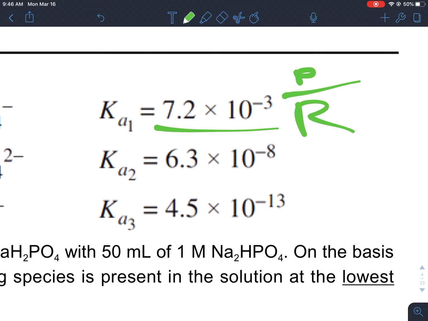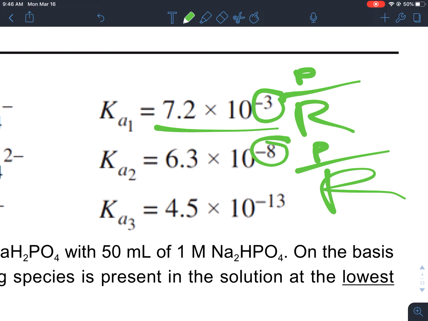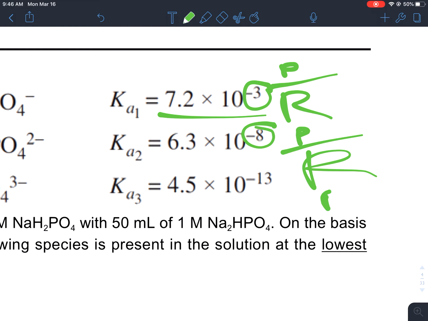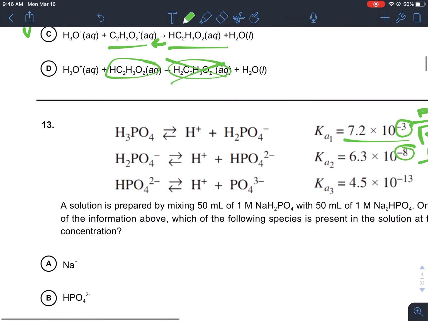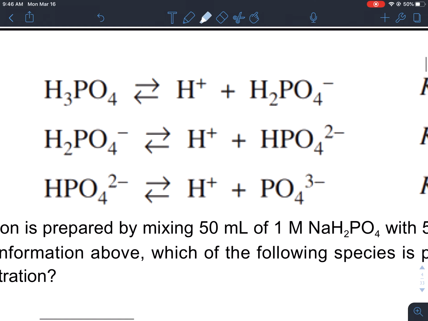That's why this number is negative, right? This exponent. Okay, look at Ka2. Again, there is way more reactant because that is negative. And the last one, there is even more reactant. So in the first equation, there's more of this than H2PO4, and then there's more of this than HPO4, then more of this than PO4 3 minus.